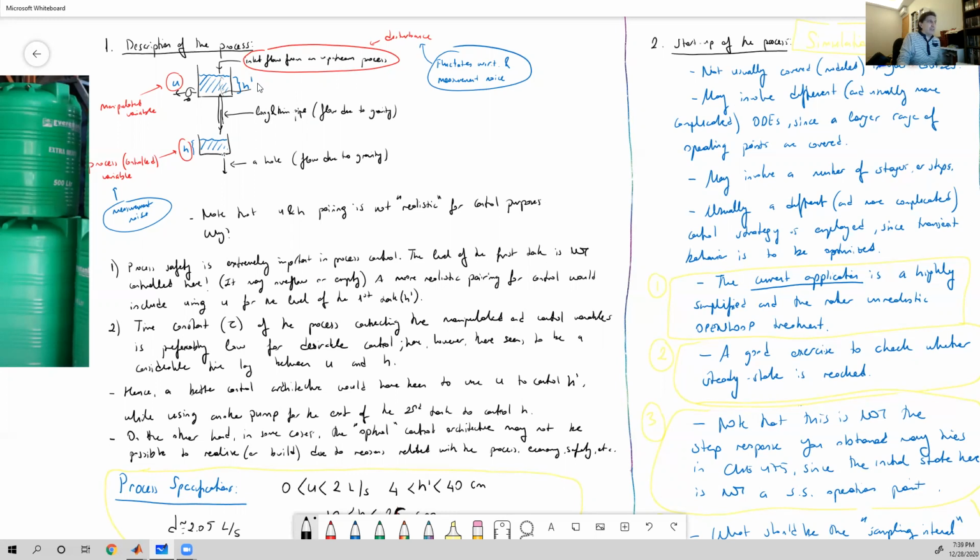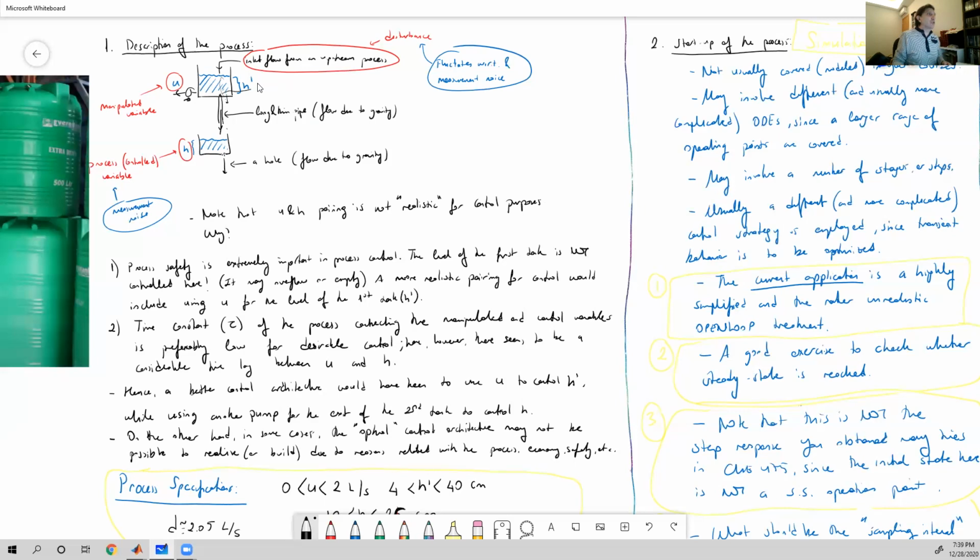When you increase the outlet flow rate, the water level in the first tank is going to decrease, which decreases the inlet velocity, therefore the outlet velocity, therefore the water level will decrease here. So increase the manipulated variable, decrease H. There's going to be an inverse relationship between those two, and it's pretty much indirect. That's the mechanism of this system.